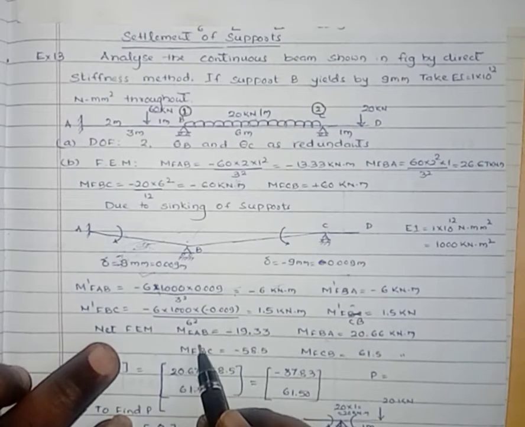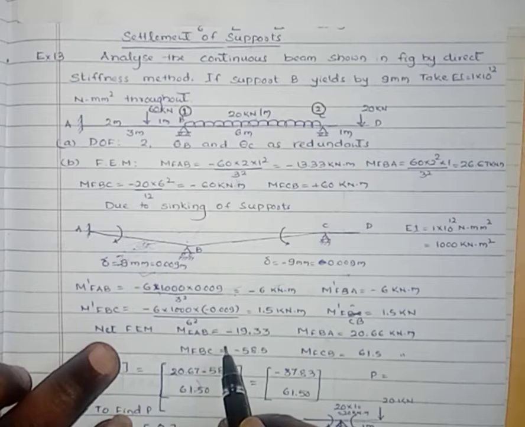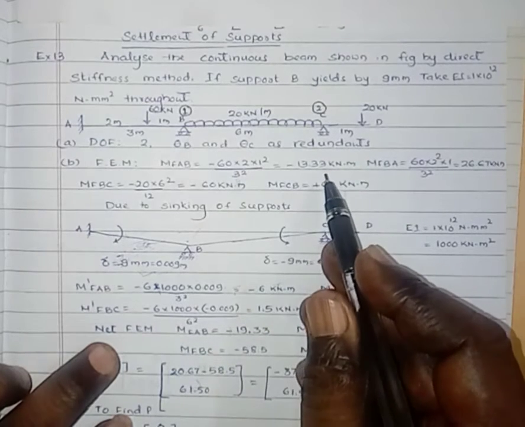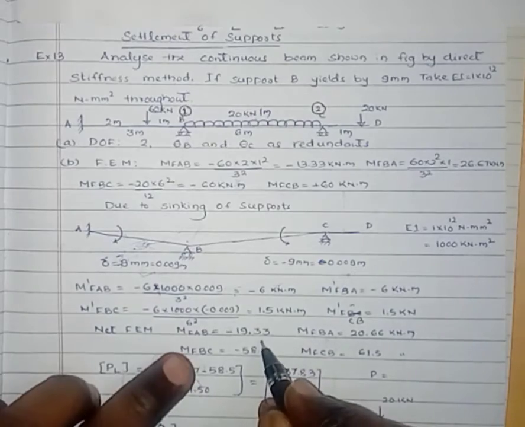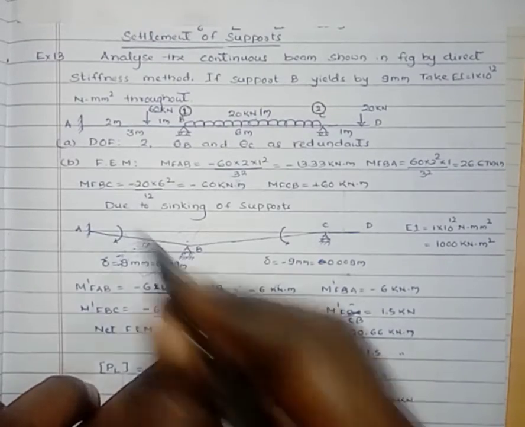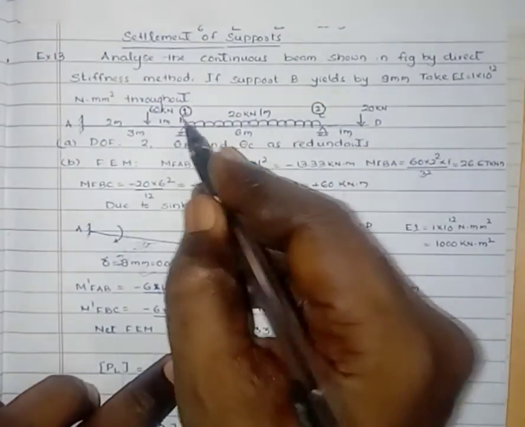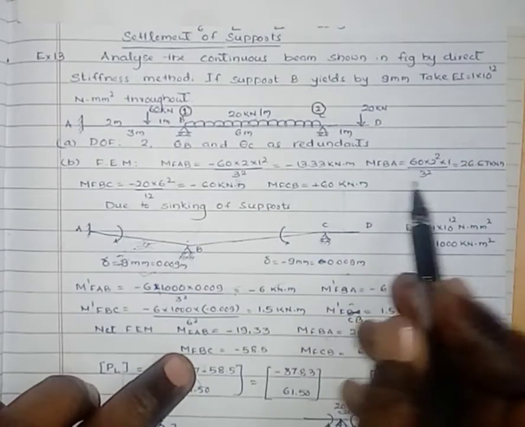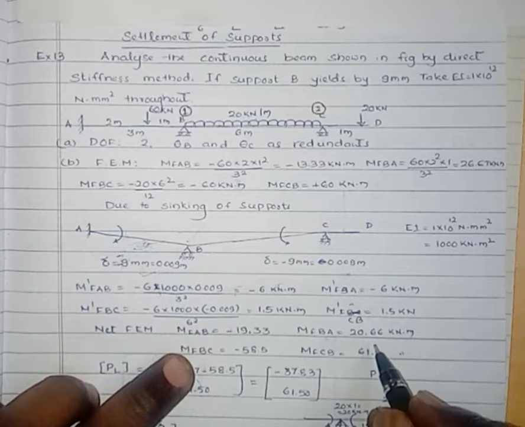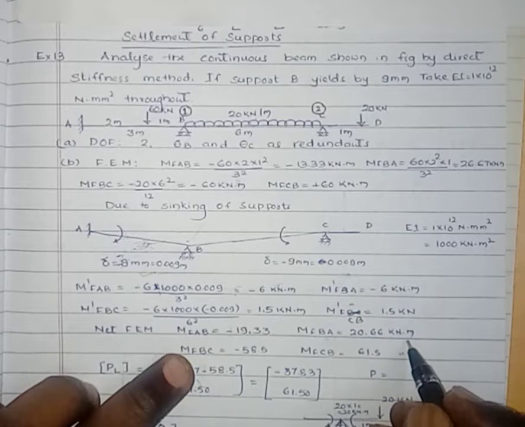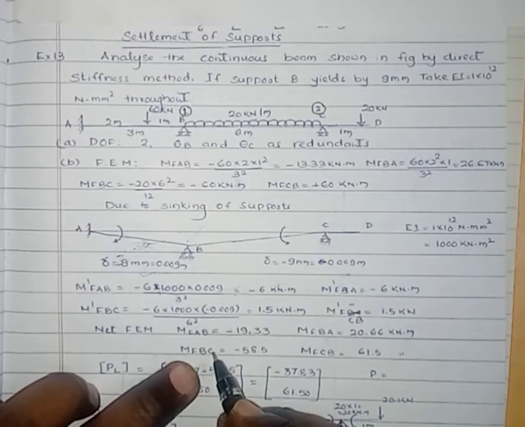Here MFAB, the net fixed end moment, is 13.33 minus 6, that is minus 19.33 from A to B. From B to A, it is 26.67 minus 6, that is 20.67 kilonewton meter.